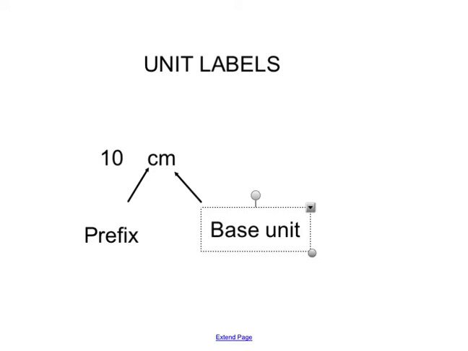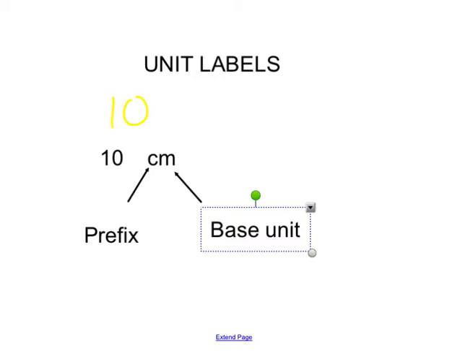Now, we take a look at a unit label. So here we have 10 centimeters. If I were to cover this up, you would see, if I just had the number, let's say if I just had 10, and I asked you, all right, I'm going to give you 10 of something. And you're like, okay, great. 10 what? But now if I said, I'm going to give you $10, like, oh, that's not bad.